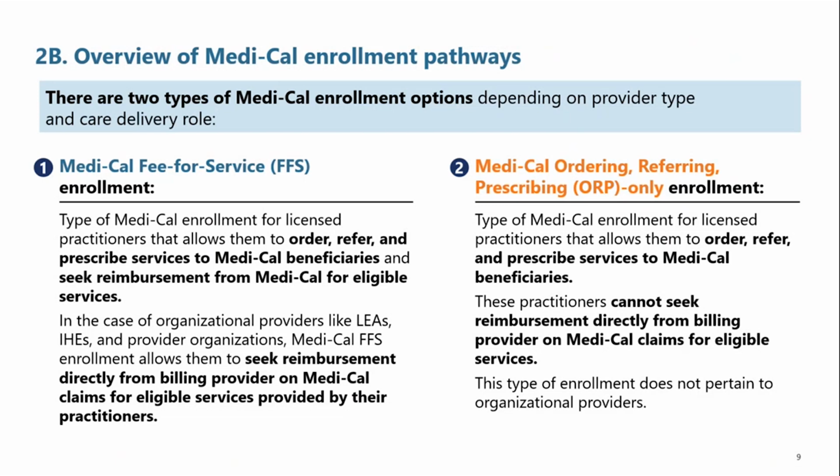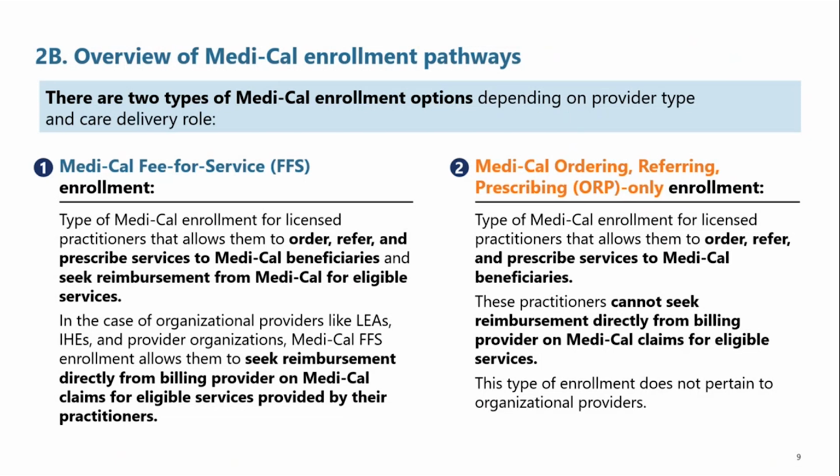For example, if a licensed clinician or an LEA or clinic wants to submit claims and get paid for providing eligible behavioral health services, they need to enroll in Medi-Cal Fee-for-Service. For organizations like LEAs, IHEs, or provider organizations, fee-for-service enrollment allows them to bill directly for services rendered by their team members.